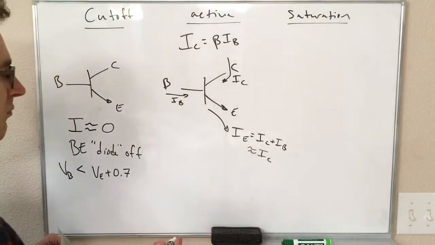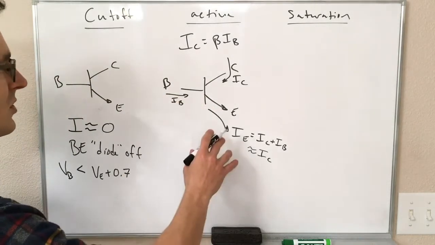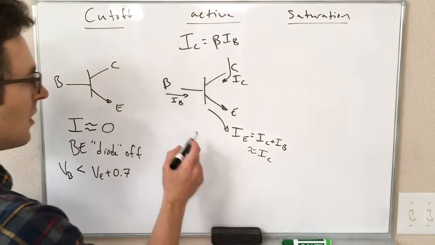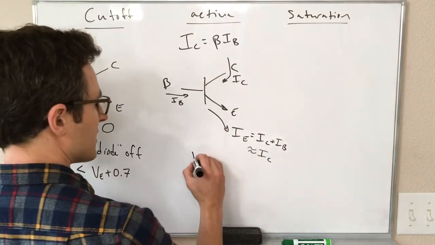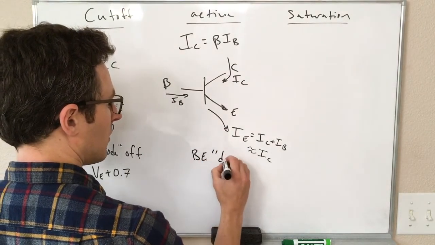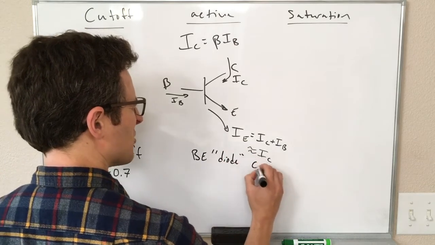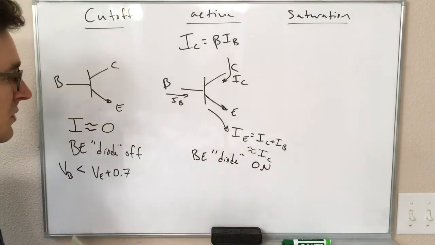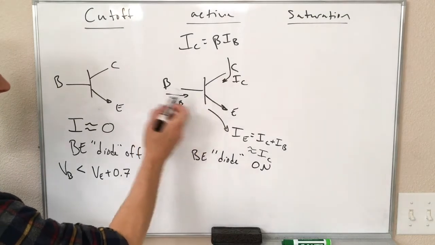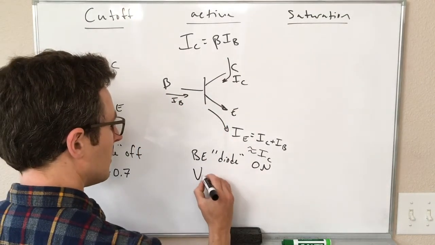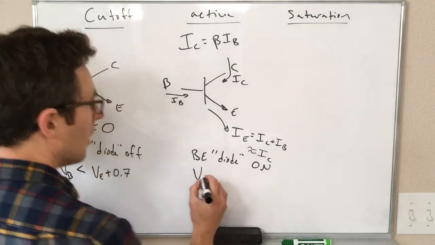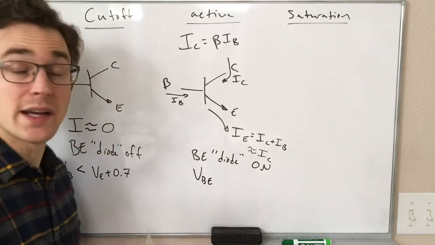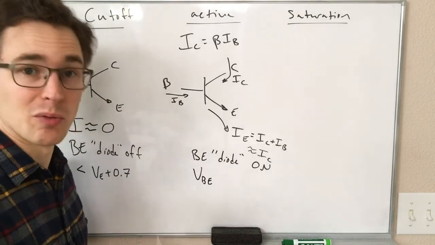Okay, for this to be true, we know a few other things. First of all, our base emitter diode has to be on, which means that our drop between the base and the emitter, so VBE, just like a diode, can't be bigger than 0.7.